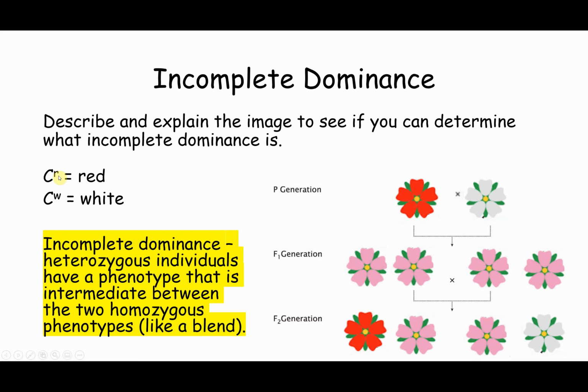So this ties back to why we're using these lowercase letters. It means that neither of these alleles is the dominant one, and instead what you're going to get is a blending of the two. So basically the heterozygous outcome looks, as I said, a blend. So red and white makes pink, and that's why we have that.